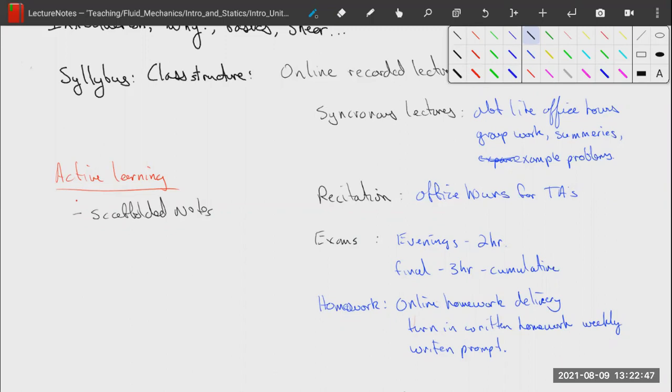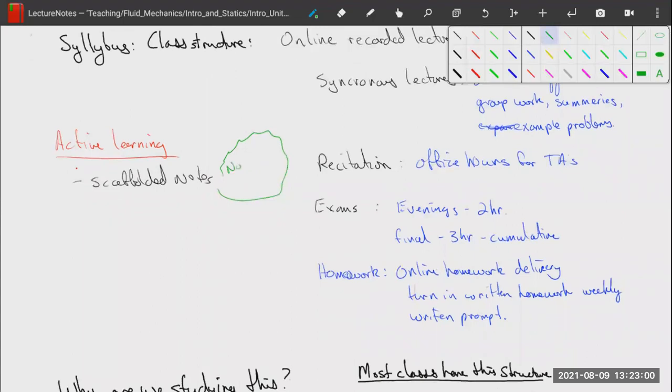So if I say something like scaffolded notes, right? you might call it something else, or you might put a little note here and describe it as notes without important stuff. Just something like that, where you restate it as notes without the important stuff, will make that stick much more in your head than if you just wrote down scaffolded notes like I did, right?